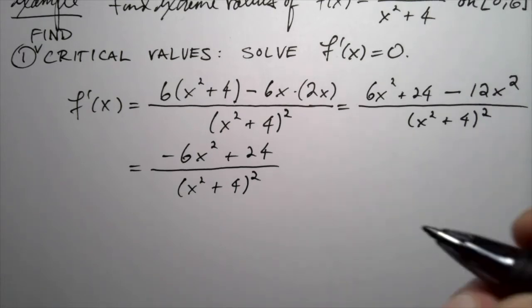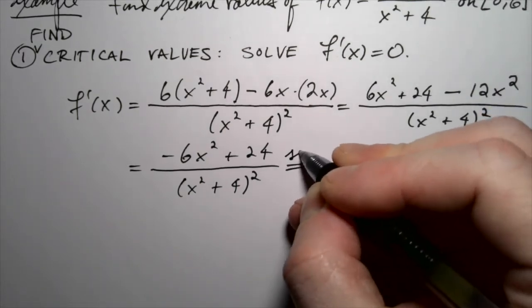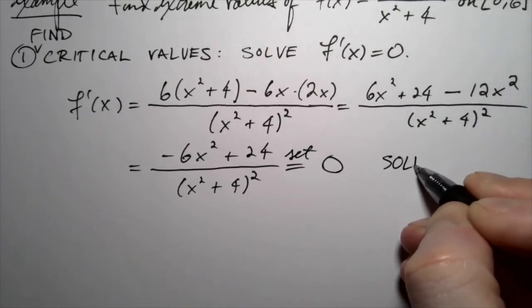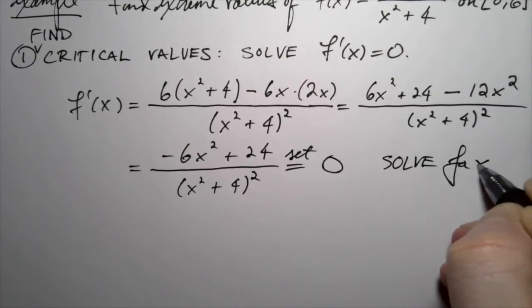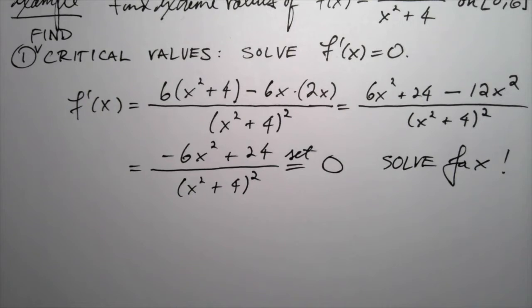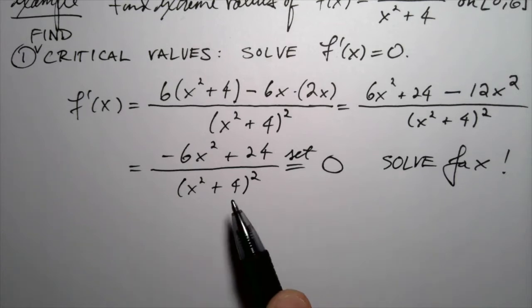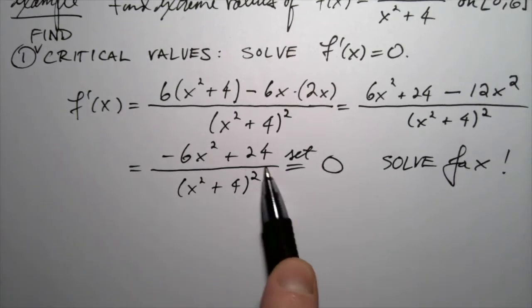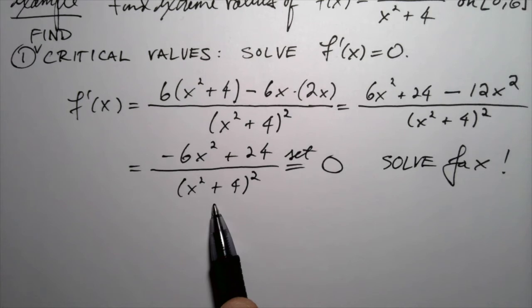We need to figure out when that's equal to 0. So let's set that derivative function equal to 0 and then solve for x. First of all, the derivative is a fraction, but the denominator of that fraction is irrelevant.